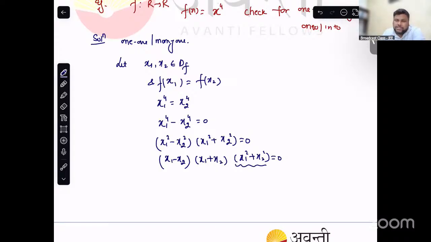The only solution is x1 equals x2 equals 0, which we are already getting x1 equal to x2. So either x1 equals x2 or x1 plus x2 equals 0. Now tell me one thing. Is x1 equals x2 the only solution that you are receiving?